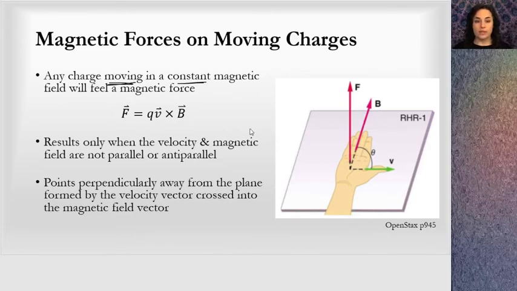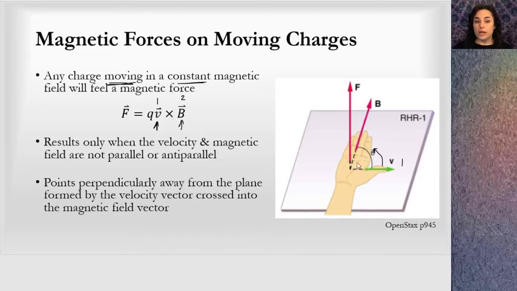What does this mean? So when I look at the velocity, and note that there's the order, this is going to be the first vector, the velocity, and this is going to be the second vector, the magnetic field. And so right-hand rule 1, like I said, the thumb is the first vector, and you align your thumb along the velocity, and then it gets crossed into, and your fingers will be the magnetic field, okay?